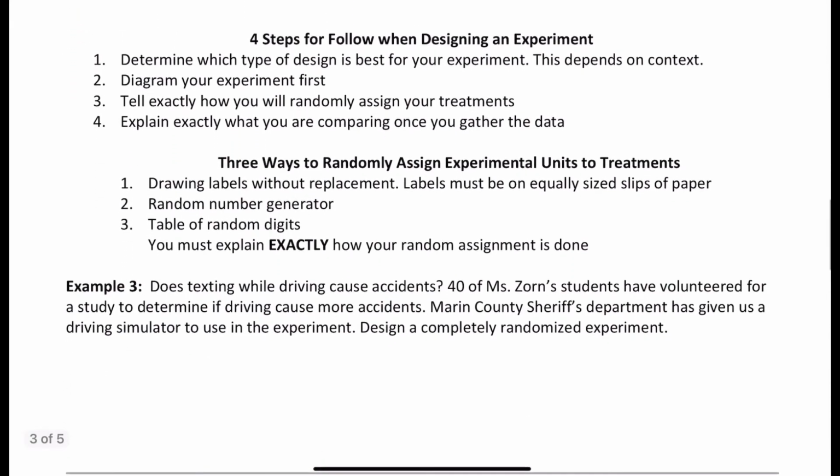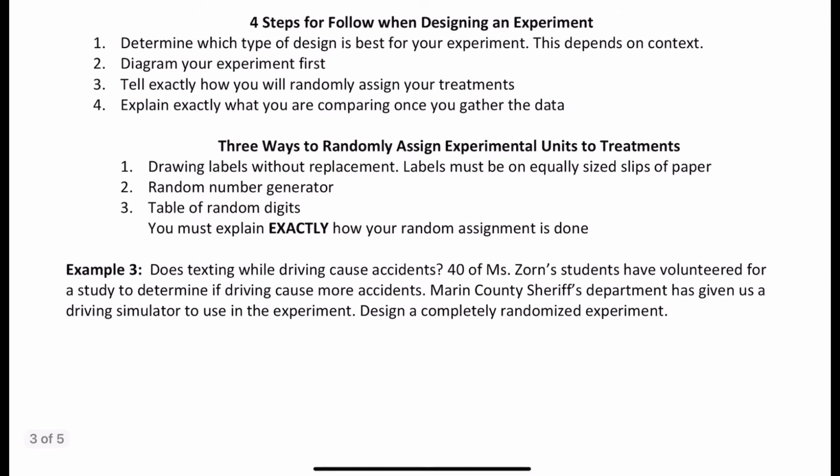We then have 4 steps to follow when designing an experiment. So first we need to determine which type is best. That's going to depend on the context and the scenario given to you. We're going to diagram our experiment first, and we're going to describe exactly how we're going to randomly assign the treatments and explain exactly what we're comparing once the data is gathered.